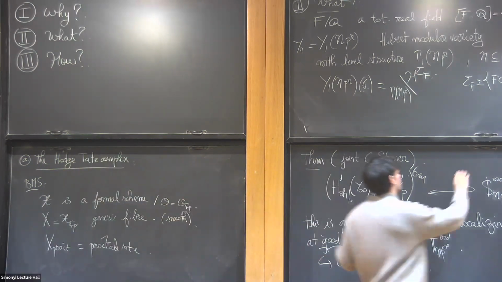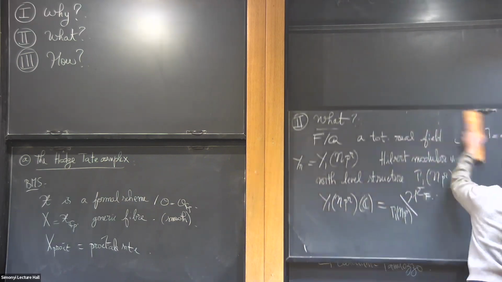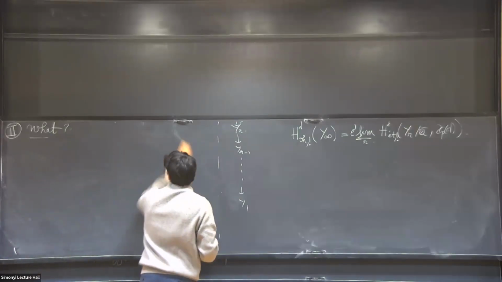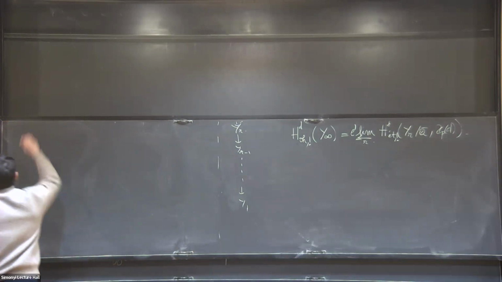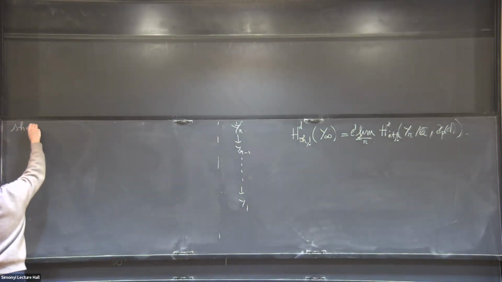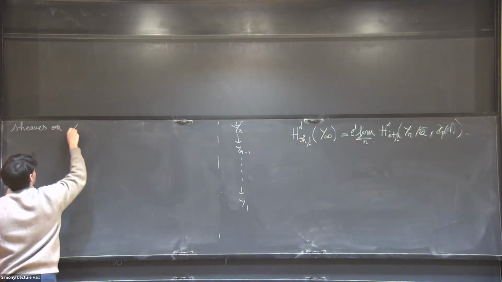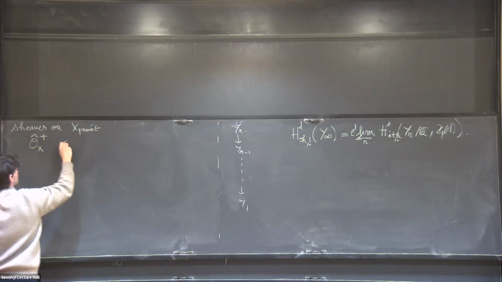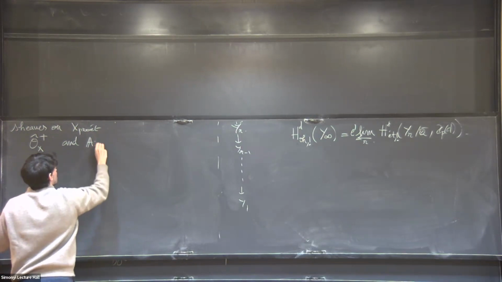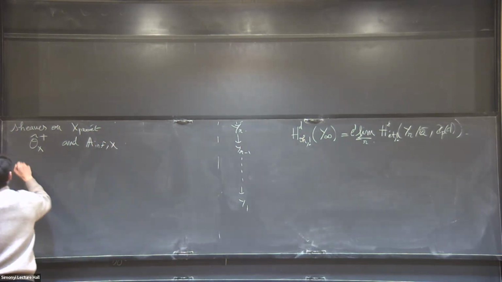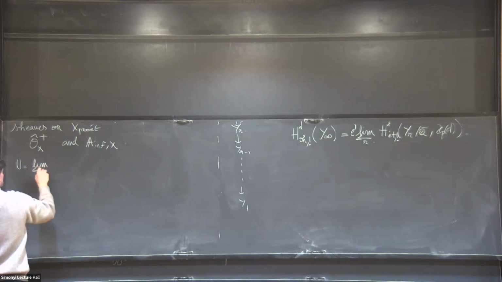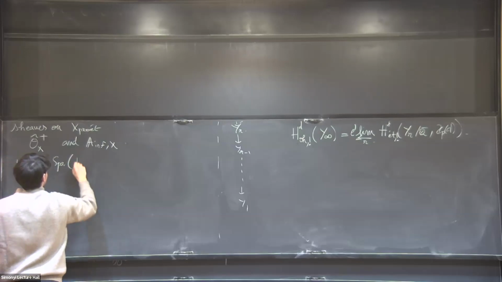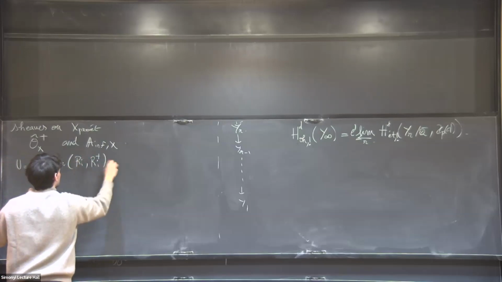And there are certain important sheaves that you have on X pro-etale that we'll use, which are going to be O_X hat plus and A_inf of X. So a basis of the pro-etale topology are, let's say, affinoid perfectoids, Spa of (R, R plus).